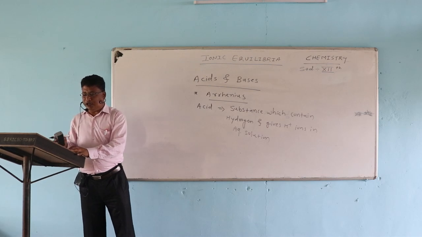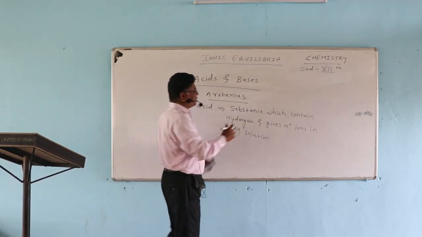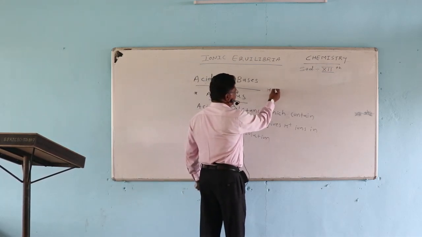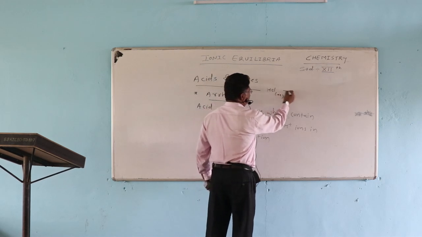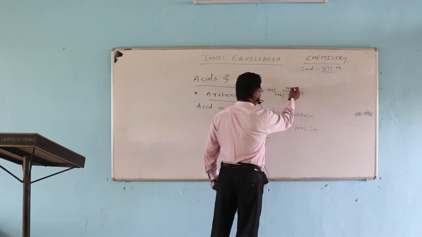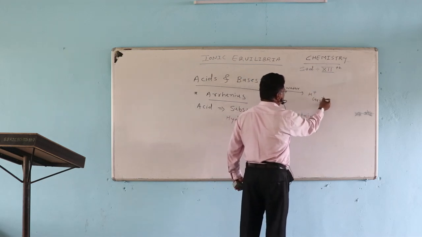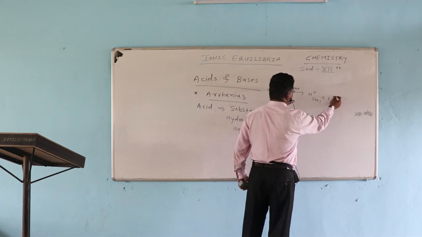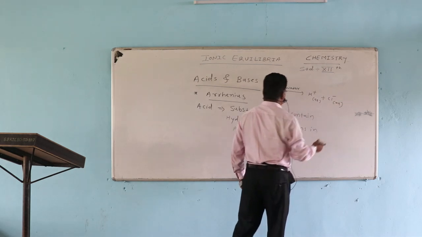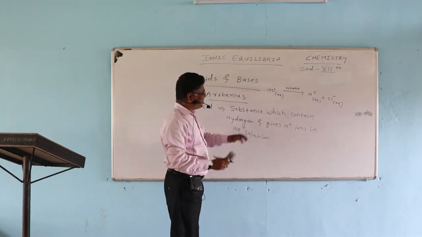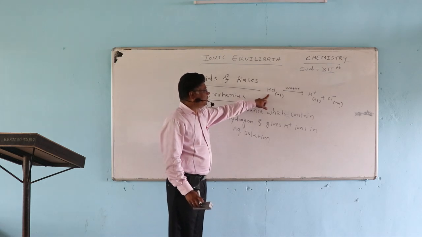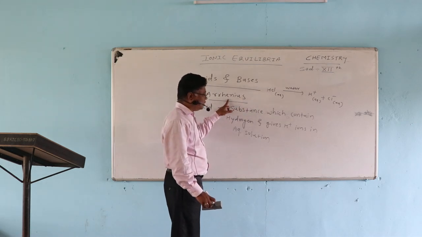Here you know that HCl (aq), in water, gives H+ (aq) plus Cl- (aq). So HCl is called an acid by scientist Arrhenius.